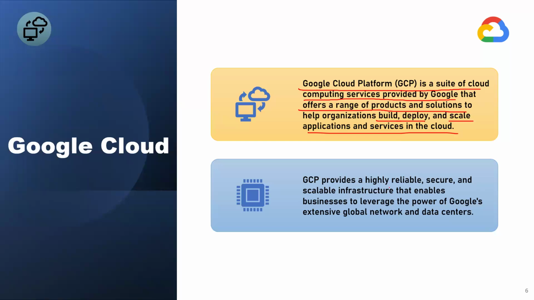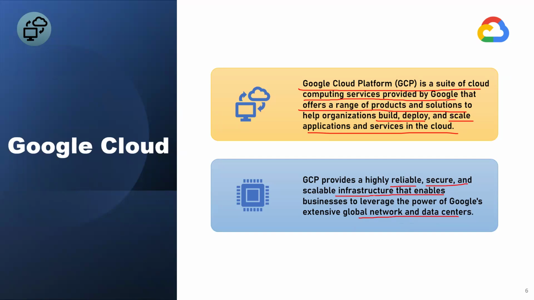And these services are highly reliable, secure, and it provides you the scalable infrastructure so that the companies can start utilizing Google's global network of data centers. Okay, so this is what Google Cloud Platform is, guys. Google Cloud Platform is one of the leading cloud providers providing you the cloud computing services.